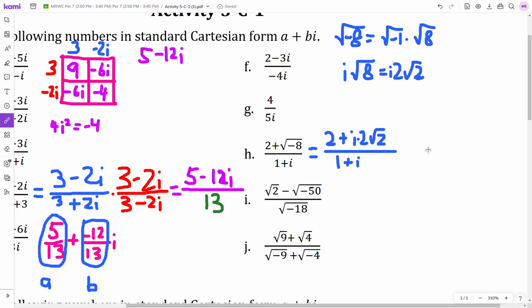No, I'm not going to do that. We're just going to do the classic method. We're just going to plow right ahead, and we're going to multiply this by the complex conjugate. So this is going to be 1 minus i times 1 minus i.